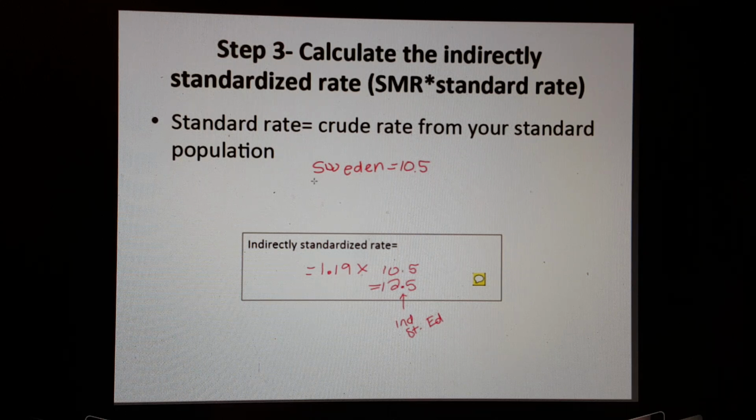And because we use Sweden as the population to standardize, the crude rate of Sweden is comparable to this indirectly standardized rate of Ecuador. Because if we use Sweden as the standard population to standardize Sweden with, it wouldn't make any difference, because the crude rate is already taking into consideration the weighting of the distribution of age within that population, like we said before in this lecture.